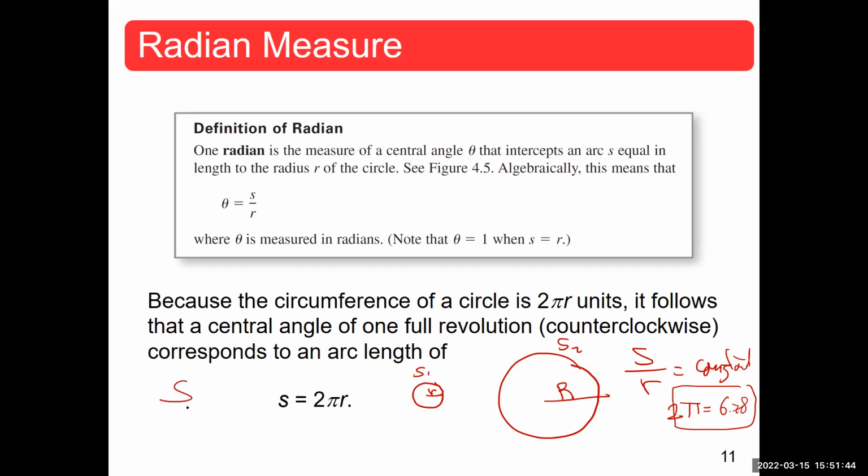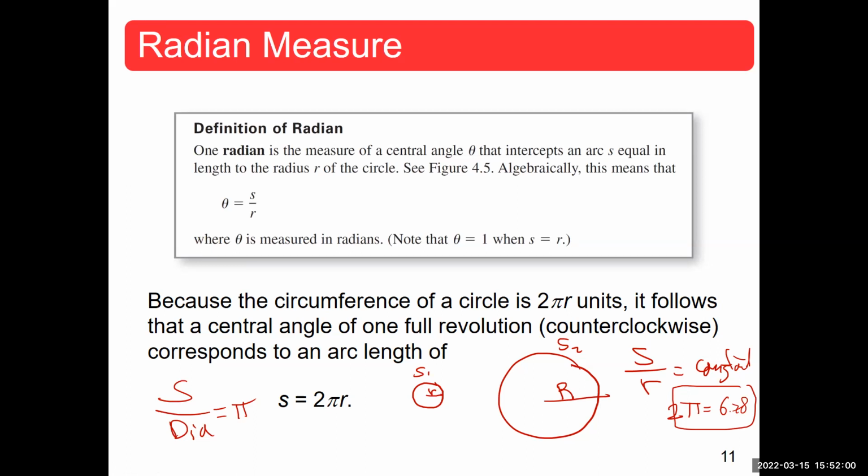Or if I say S divided by the diameter, that would be 1 pi. It's kind of interesting, just a remark, they noticed that by observation.